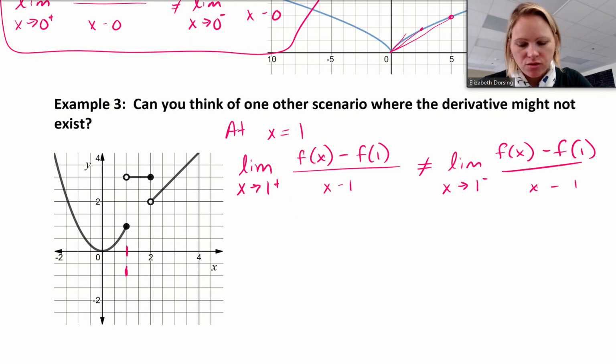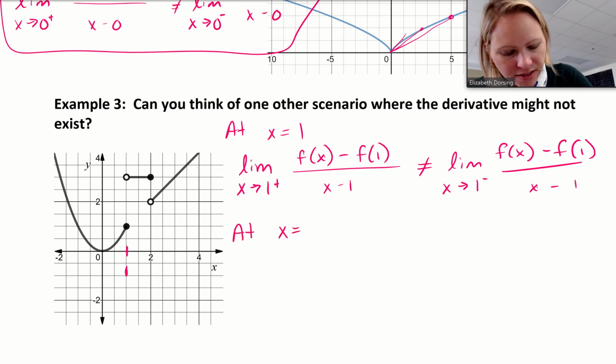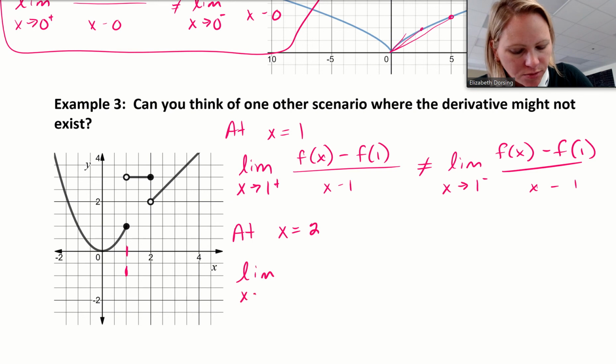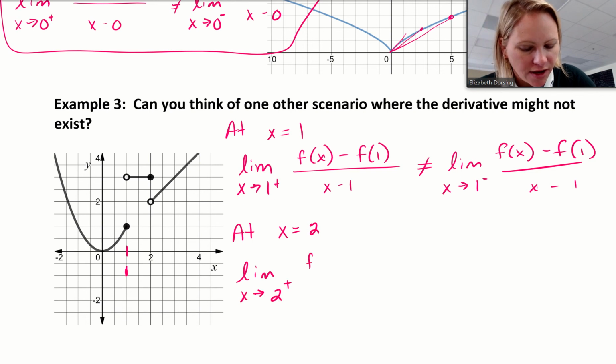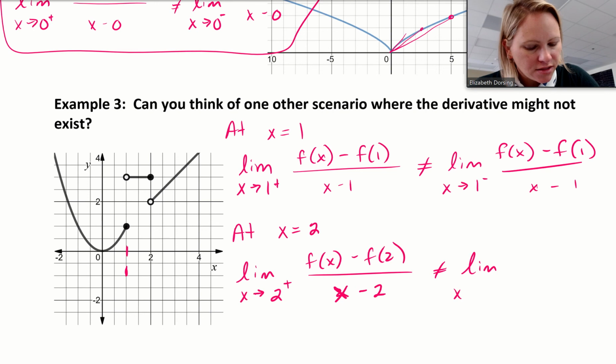And then the same thing here at 2, because we have this jump, we're going from slopes of 0 on the left-hand side of 2 to whatever the slope is of that linear piece on the right side of 2. Whatever they are, we don't need to say what they are. That's the beautiful thing. This is conceptual. It's saying, I get it. I recognize that the slopes on the left and the slopes on the right don't agree. So at x equals 2, the limit as x approaches 2 from the right of (f of x minus f of 2) over (x minus 2) does not equal the limit as x approaches 2 from the left of (f of x minus f of 2) over (x minus 2).